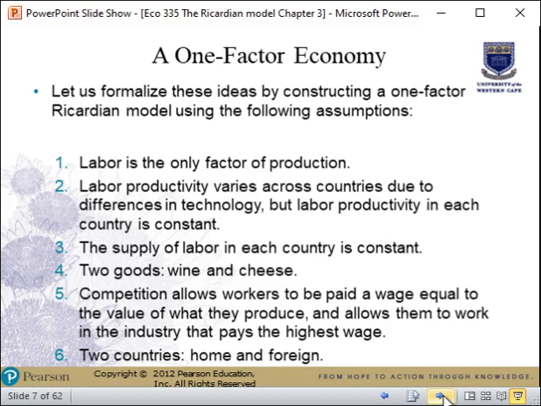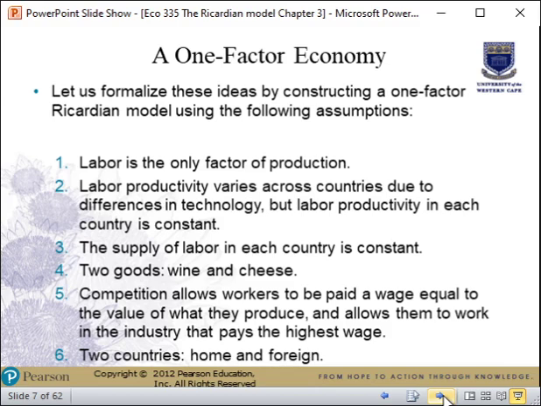The first thing in constructing the Ricardian model is to outline the assumptions of the model. The first assumption is that labor is the only factor of production. The second assumption is that labor productivity varies across countries due to differences in technology, but labor productivity in each country is constant.